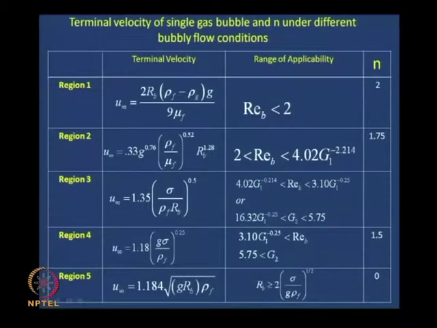Please remember this. Regions 1 to 4 are the different divisions of the bubbly flow pattern, while region 5 is commonly termed as the churn turbulent bubbly regime, which is a transition between the bubbly and the slug flow pattern, where the bubbles fall into each other's wakes. There is a wide variety of bubble sizes and shapes, and the influence of void fraction starts becoming less than 1 and in the limit it becomes 0.